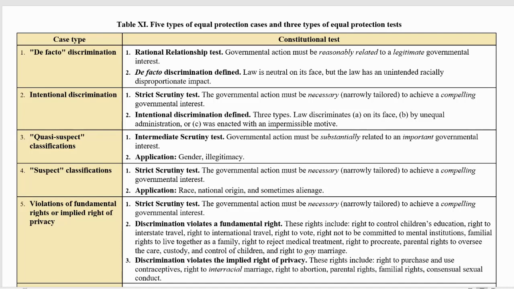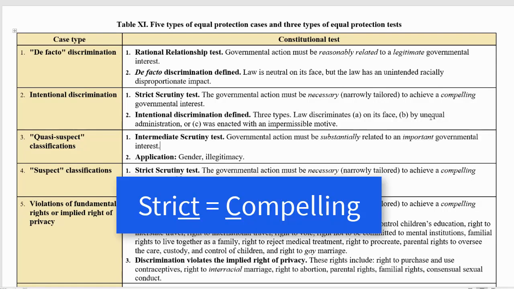And so they're going to apply an intermediate scrutiny, and that is going to be substantially related to an important governmental interest. Now, I'm going to highlight this here. Compelling governmental interest versus important, right? So it's easy to remember. Strict, use that hard C, and compelling.